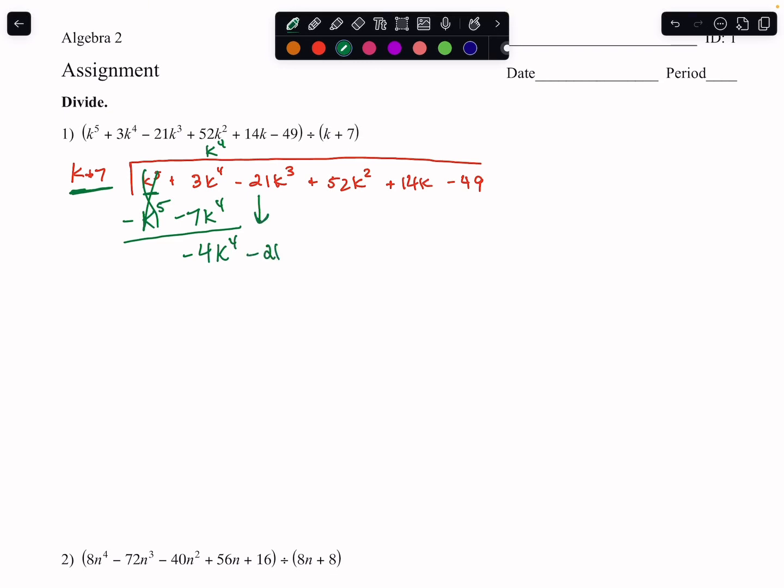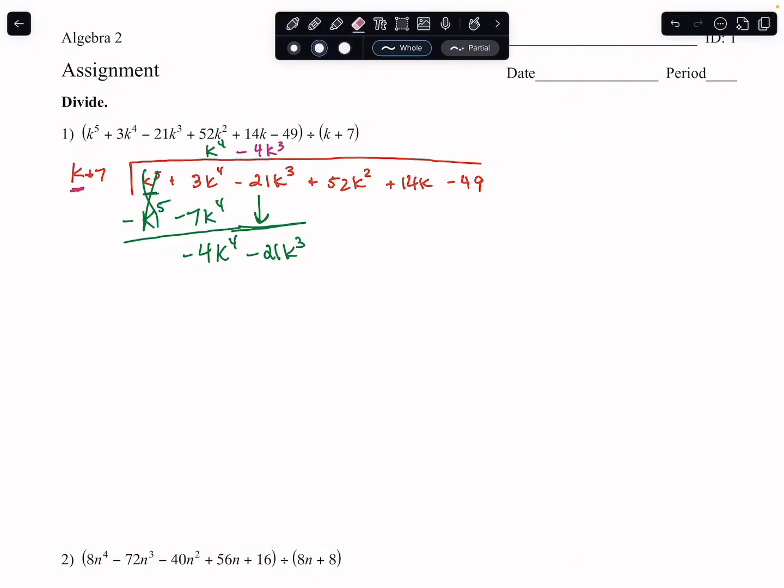Okay? Next step, we've got to repeat that same process. So now negative 4k to the fourth divided by k is going to be negative 4k cubed. Negative 4k cubed times k is going to be negative 4k to the fourth.